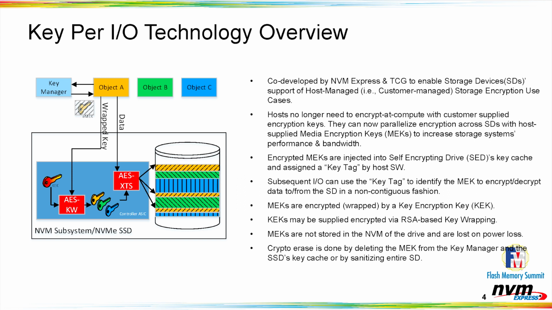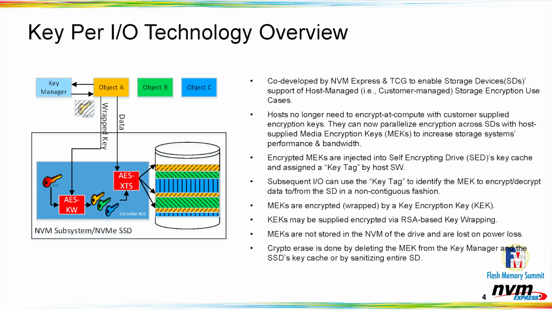Quick example: the host will have its own keys that it associates with different storage objects. At startup time, the host will provision the keys into the storage device. Then at runtime, the host will associate keys with different storage objects, so each key can be uniquely associated with a storage object.